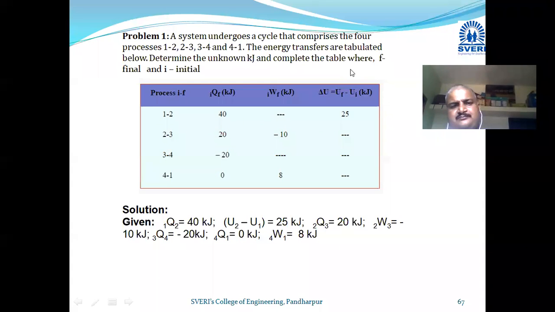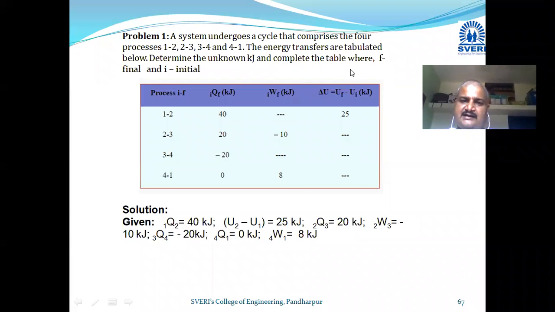In the second column they have mentioned the heat which is absorbed during that process. In the third column there is the work done, work done on the system and work done by the system.